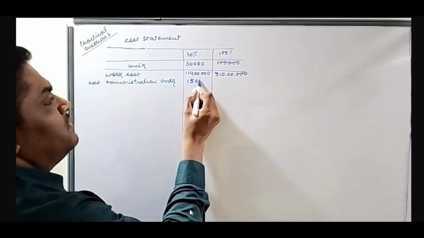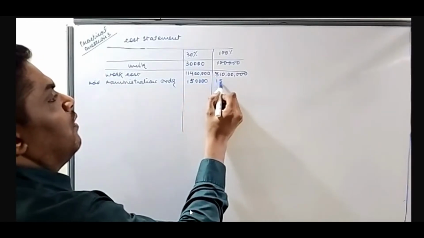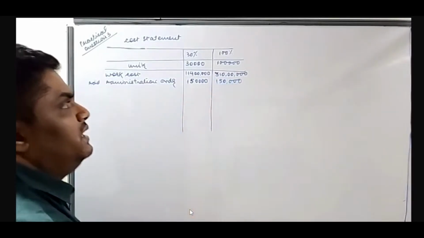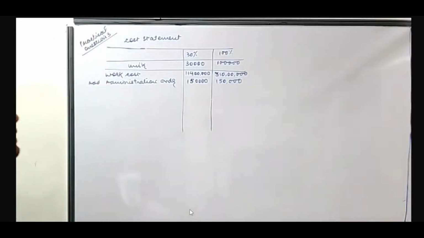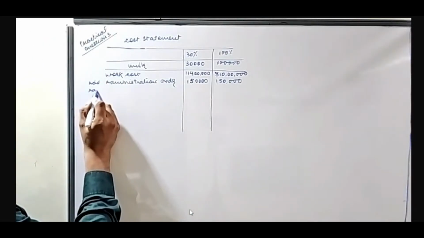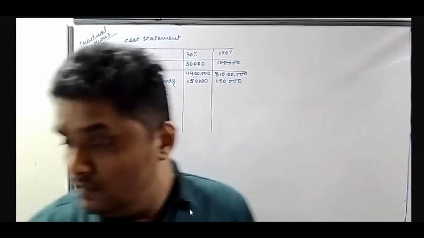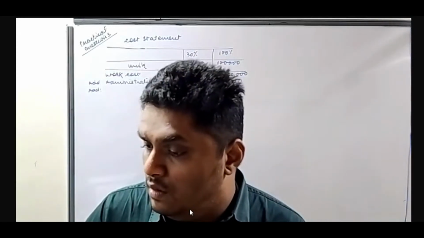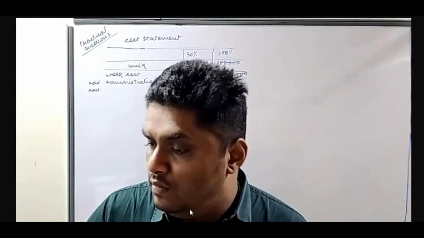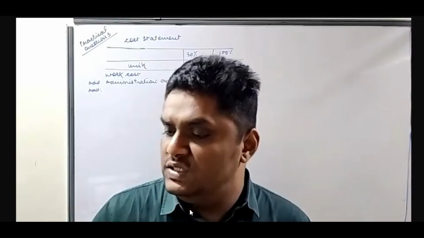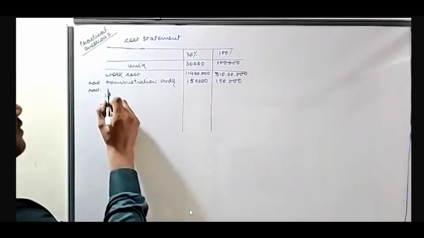In both the cases, either if we go for 30% capacity or 100% capacity, we'll add marketing expenses, fixed and variable are given.